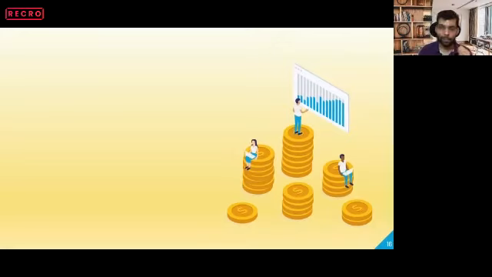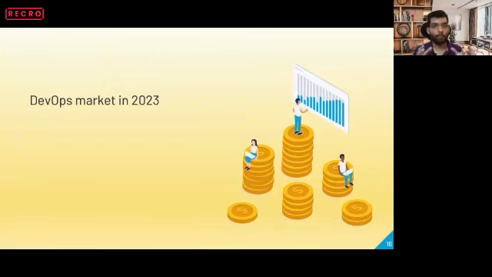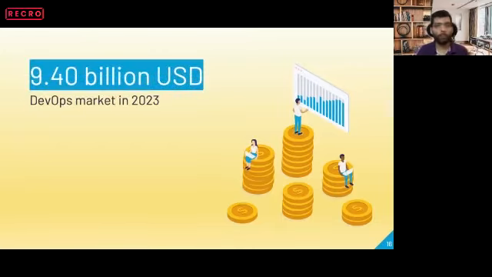Thinking about money specifically, Gartner currently predicts that the DevOps market by the year 2023 is going to be worth 9.40 billion US dollars. That's a lot, which means there will be a lot of opportunities for both companies which sell DevOps tools, as well as developers who are into the DevOps practice.